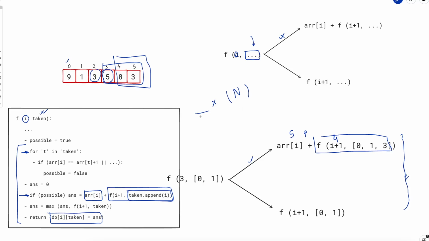Now how many states are there? Number of different values of I, which is n, and number of different values of taken, which can be 2 power n. Why? Because what is taken? Taken is a set of elements that you have already taken. So let's assume that you have an array of n elements, right?